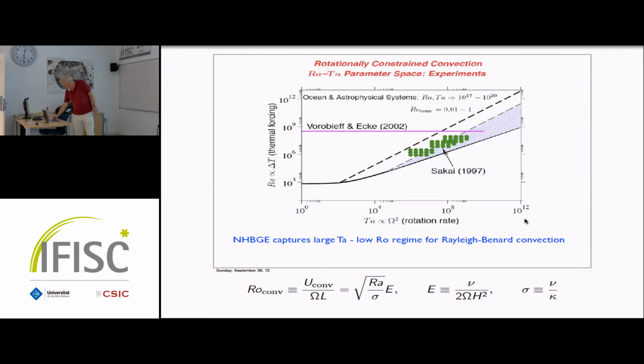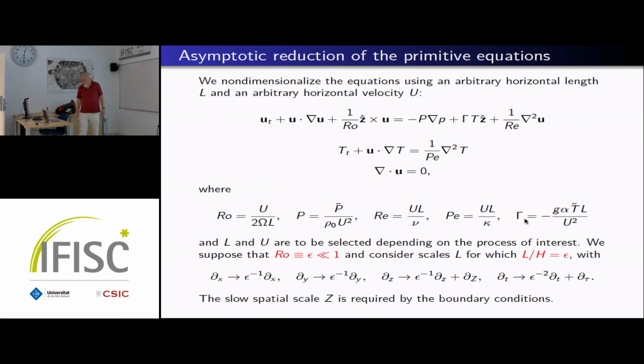So how do we study that? Well, here is the usual Navier-Stokes equation. It's been non-dimensionalized with an arbitrary horizontal length scale L and an arbitrary horizontal velocity U. So that introduces that Rossby number we saw on the previous slide.